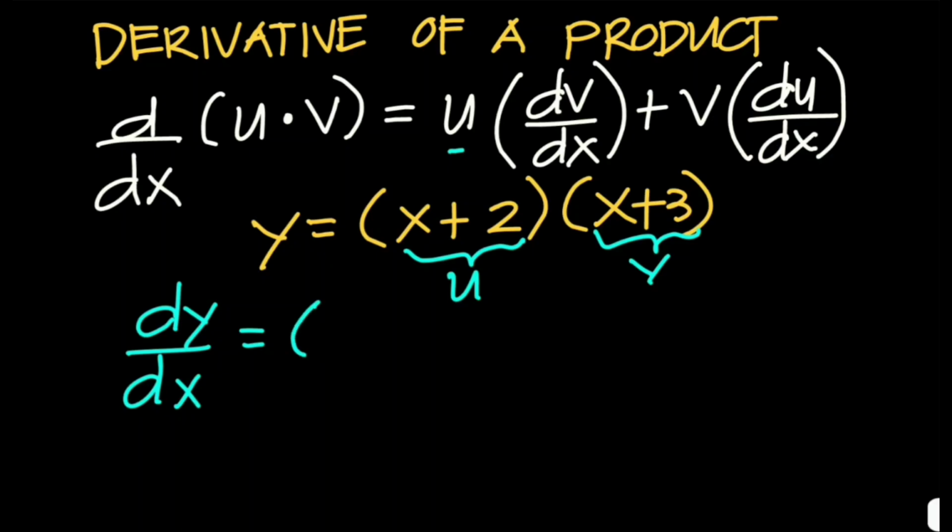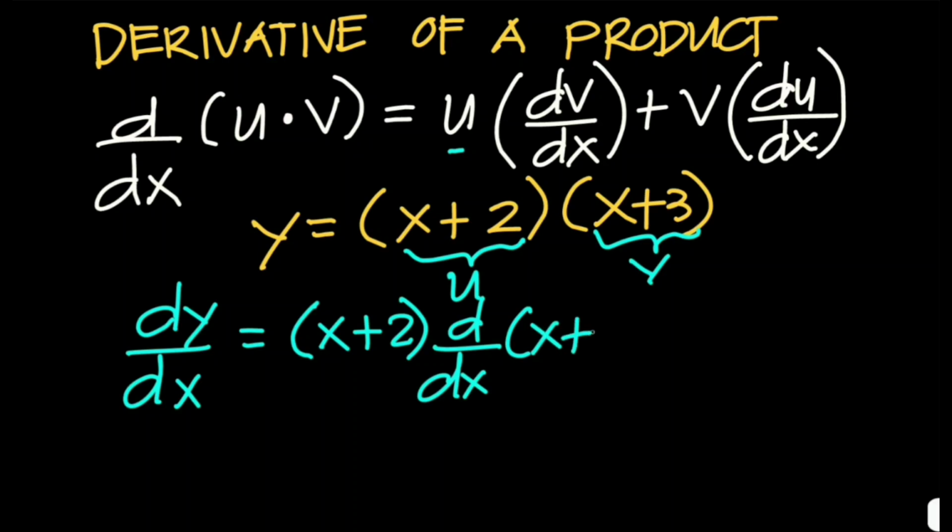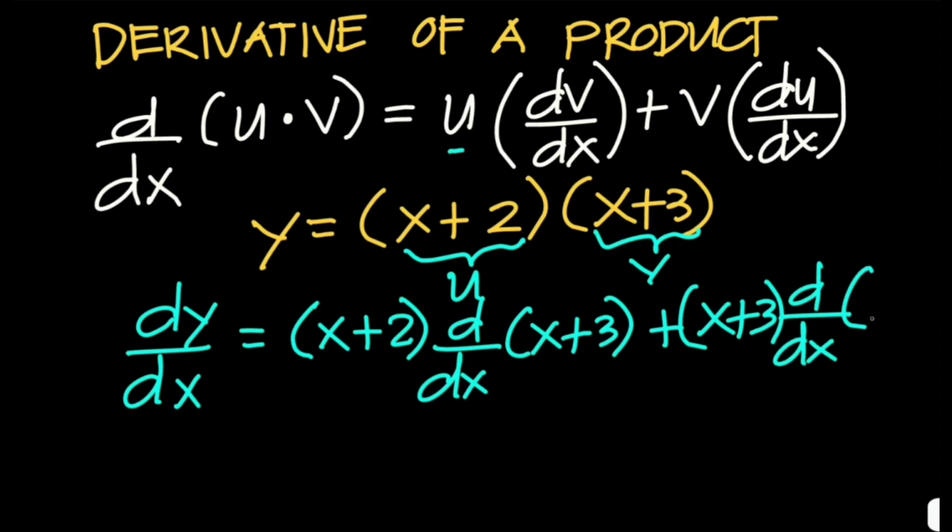So we copy the function u first, or the expression of u, which is x plus 2. Then we get the derivative of x plus 3 with respect to x, plus v, which is x plus 3, times the derivative of the expression x plus 2.